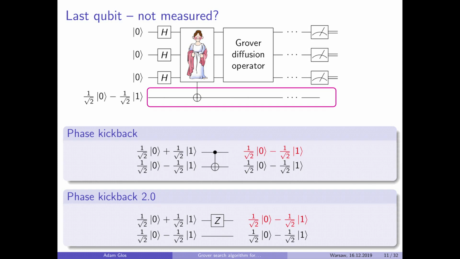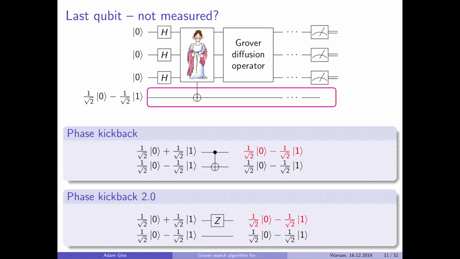This is something I would say is very quantum, because it comes from the superposition, and in particular from the fact that we can have a minus here. And because we actually start with this state with a minus, we are changing something that is called a local phase on the first 3 qubits.